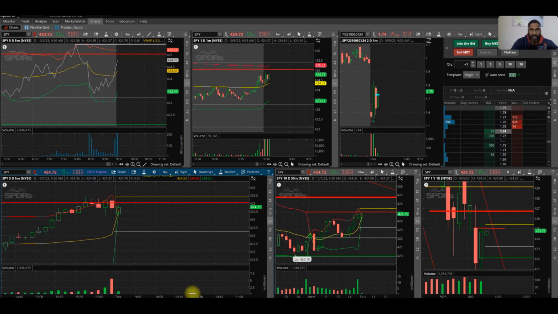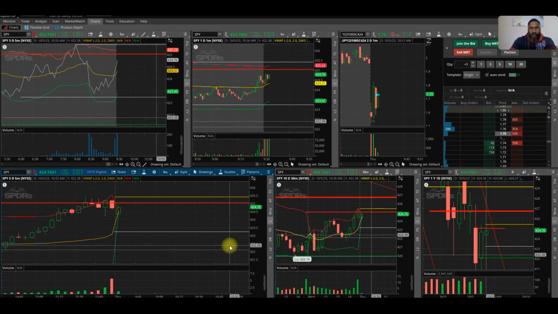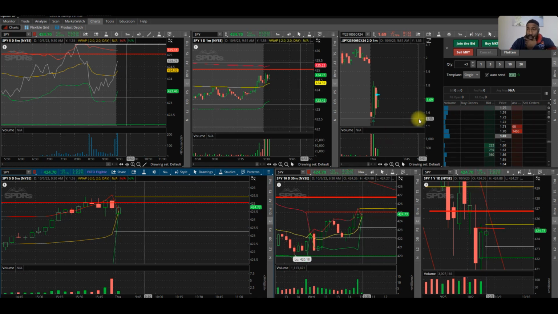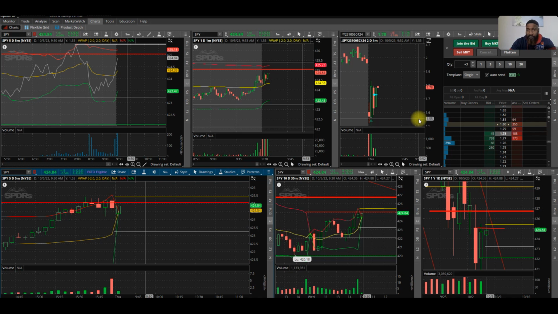But I'm more so willing to take this ride on this 5 minute chart. I don't want to be late on this boat. I have a horrible position, that's for certain. Horrible entry price, that's for certain.